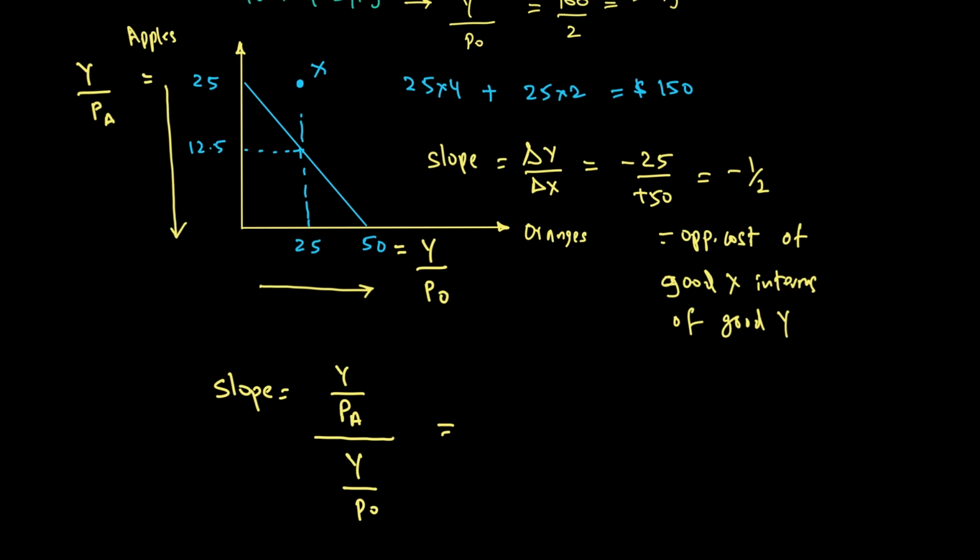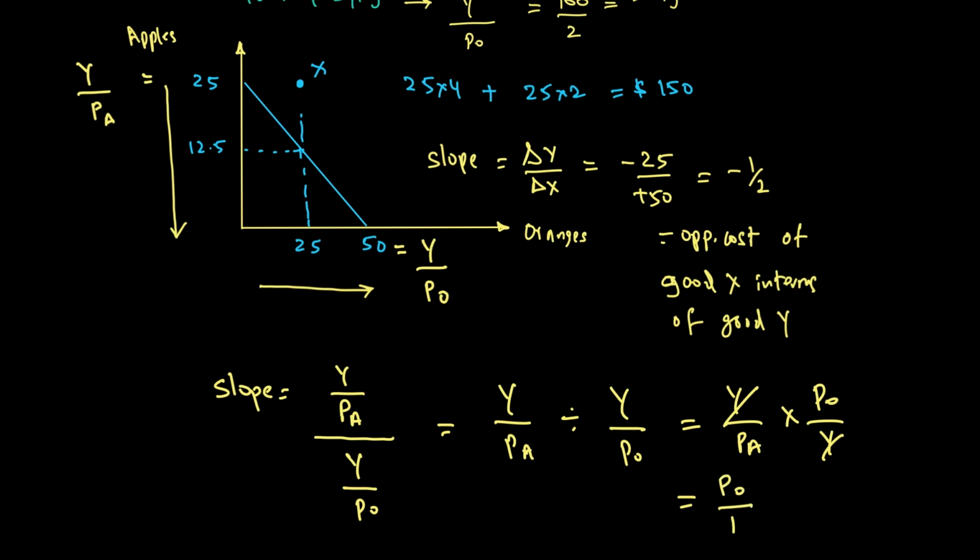If I rewrite this equation, it could be Y over P_A divided by Y over P_o, or in other words, Y over P_A times P_o over Y, and Y can get cancelled, and I'm left with P_o over P_A, which simply is the price of something on the x-axis over something on the y-axis.